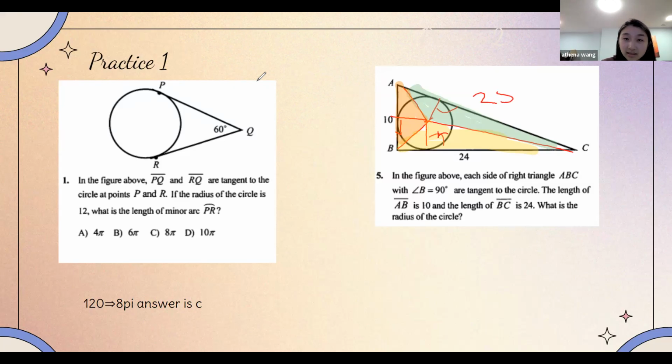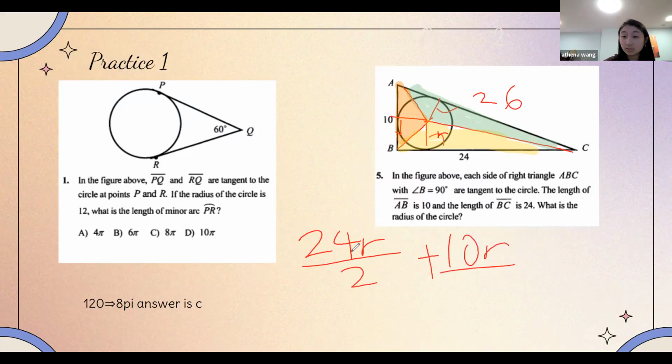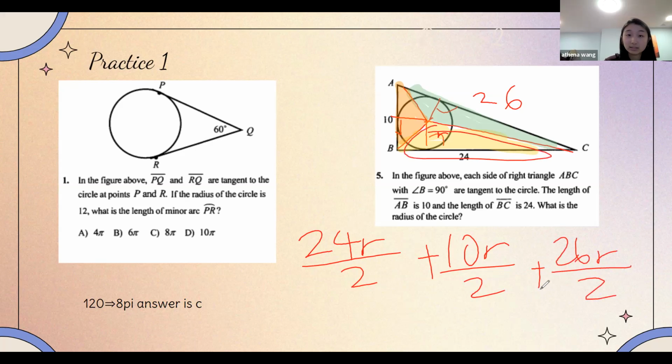By using the Pythagorean theorem, we know that this is 26 again. So we know that 24 times r over 2 plus 10 times r over 2 plus 26 times r over 2, because those are the areas of our triangles here.